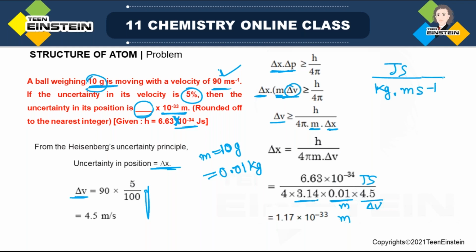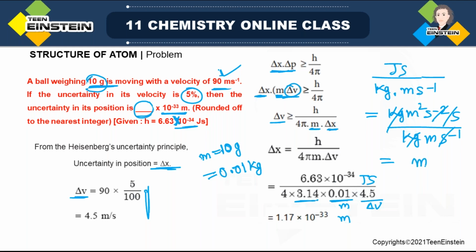meter per second. Now if you break joule, it is actually kg meter square per second square. This is actually joule, and s is already there, divided by kg meter per second. Now per second, if you bring it to the numerator, it will be s square. So all the s cancelled, kg cancelled, meter square divided by m.